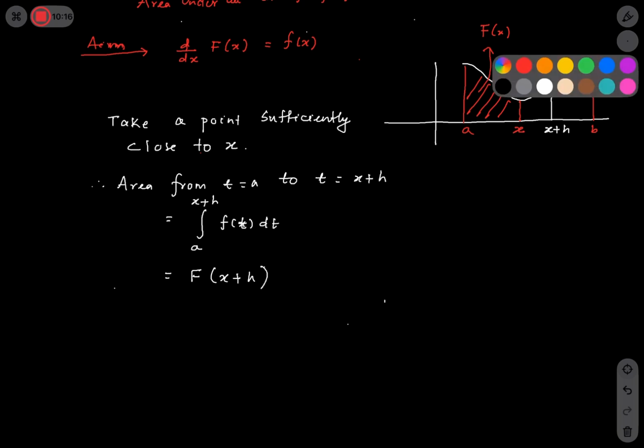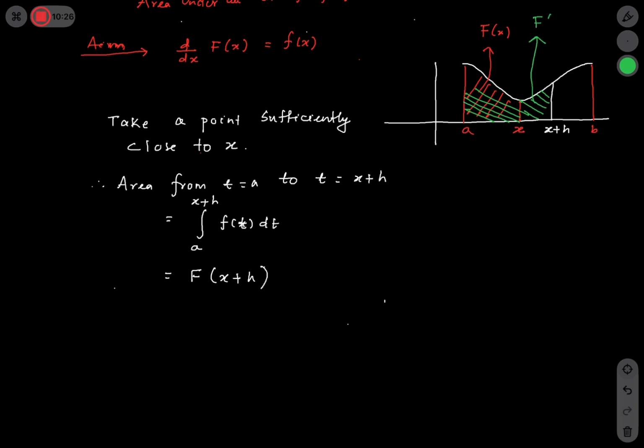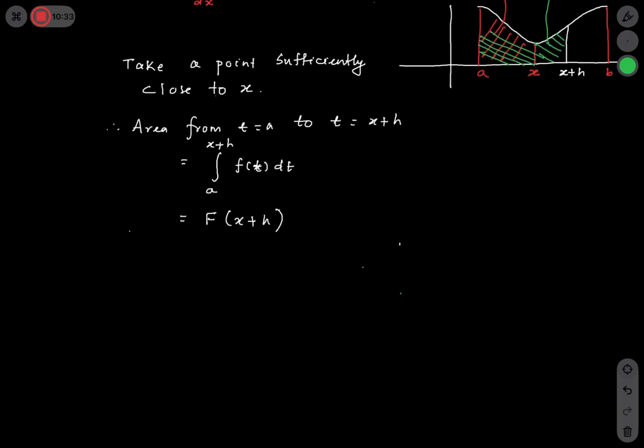So I'm drawing with a different pen now. This area I'm talking about, the blue color, is equal to capital F(x plus h). Now if you subtract F(x plus h) minus F(x), what you will get?